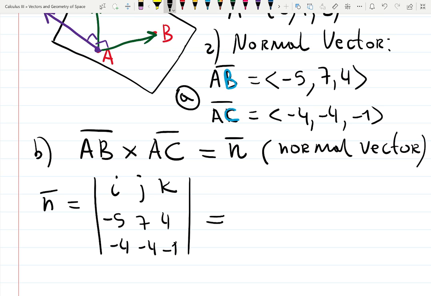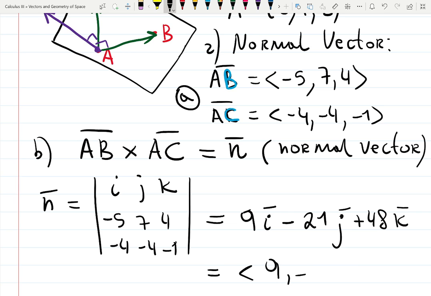I'm not reminding this to you because you're supposed to be very good at this by now. And then you build small determinants, and then you calculate, and you will get 9i minus 21j plus 48k. Or you can also write it in the shorter form, (9, -21, 48).